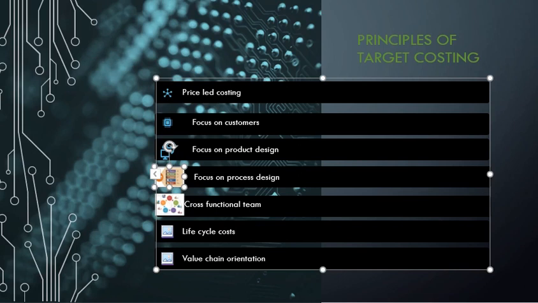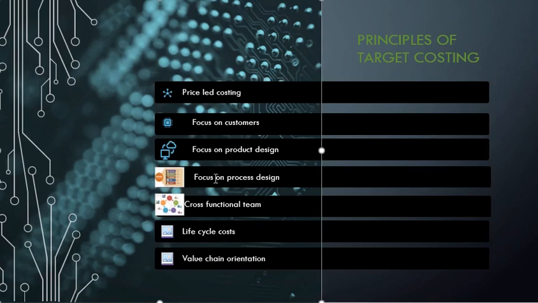And the third one is focus on product design. When we talk about product design, the major activity for a product to be developed occurs in its manufacturing sector. As the major cost is in the manufacturing sector, a focus on it should always be there. How is the product going to be designed? What kind of materials are being used, the raw material specification.